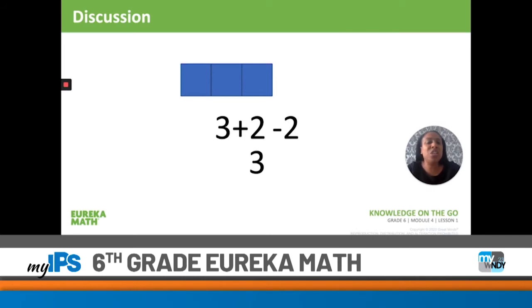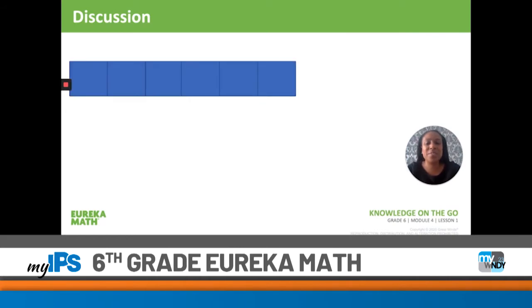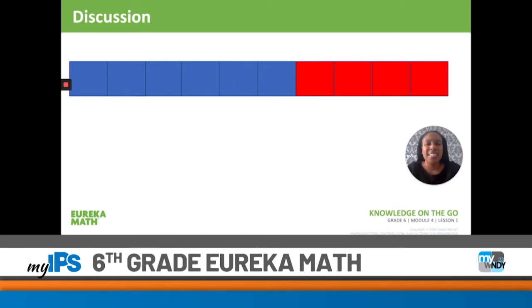Let's start a new tape diagram. This time, create a tape diagram with 6 squares. We have 6 blue squares. Use your squares now to demonstrate the expression of 6 plus 4. Now we've added on 4 additional red squares.